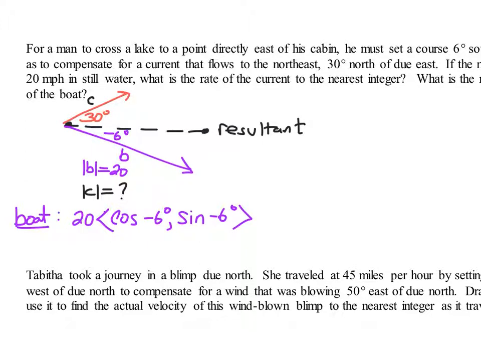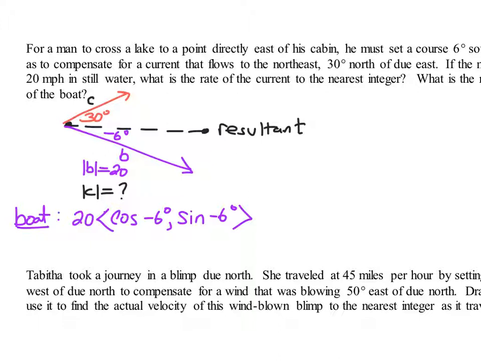Without the 20, we're talking unit vector, but by multiplying by its magnitude, we're scaling it up to also account for the speed of the boat, or at least the speed that the boat is contributing to this whole fiasco. That's C with an absolute value around it.